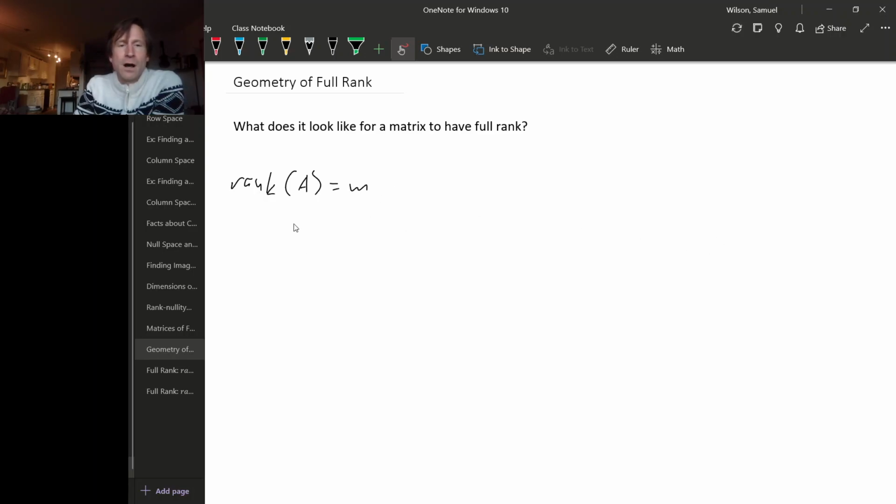All right. Well, remember the rank, one interpretation we have for the rank is that it's the dimension of the row space, but one thing we know is that the dimension of the row space and the dimension of the column space are equal. And the dimension of the column space, we called that the image. So this is the dimension of the image.